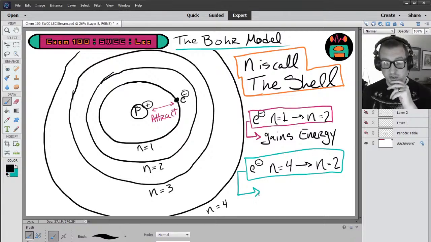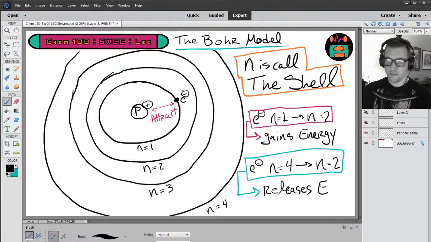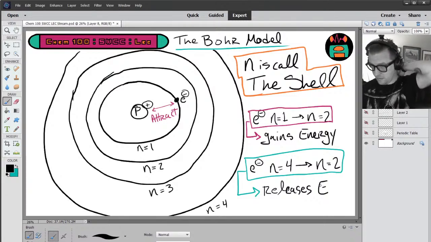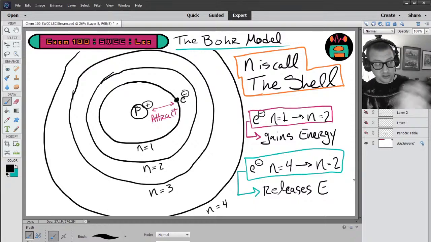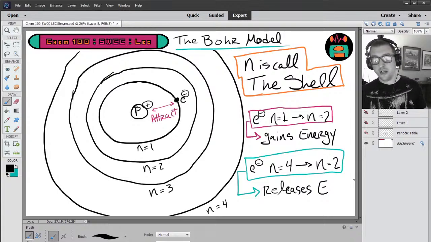It releases energy. When you're at a higher shell, that is a higher energy state, because when you move from a lower shell to a higher shell, you've gained energy. When you go from high to low, the lower shell is a lower energy state, so it releases energy when it moves in that direction.